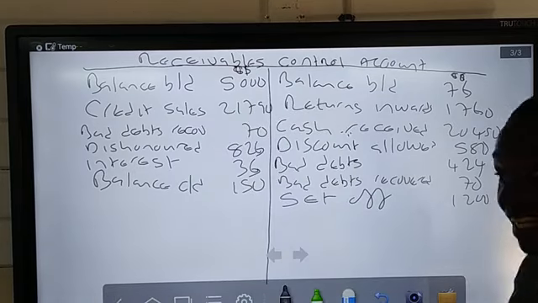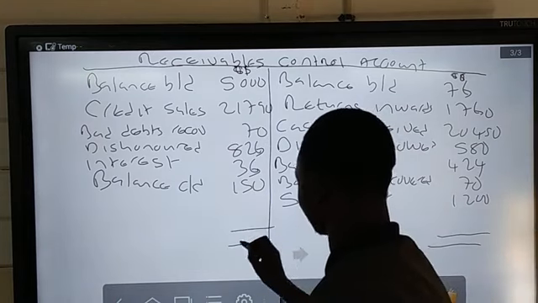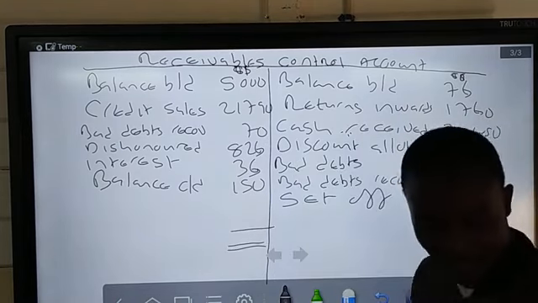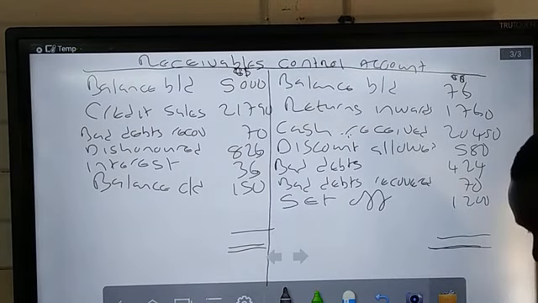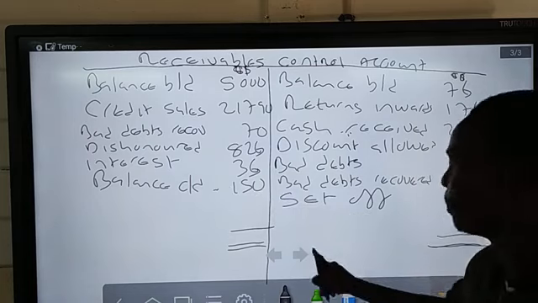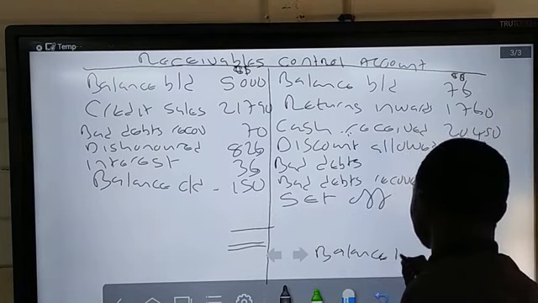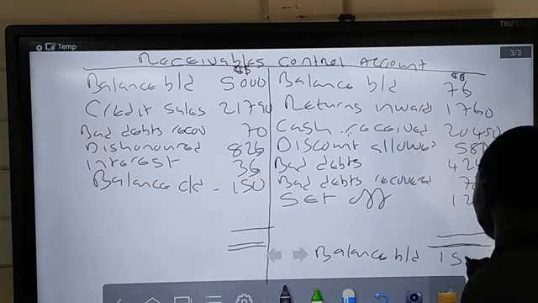Remember, they said it's a credit balance. Then skip a line, we have to balance off our account. I'm going to use the calculator so that I get the values. This c/d will be carried down here as balance b/d. So it's a credit balance.